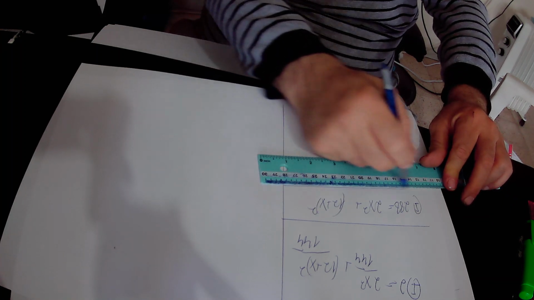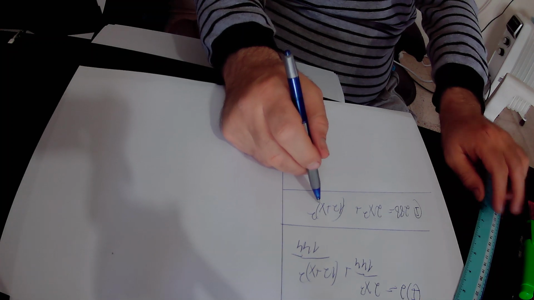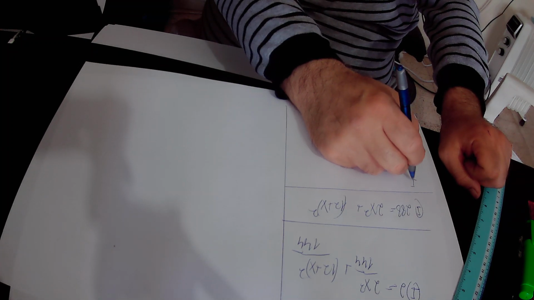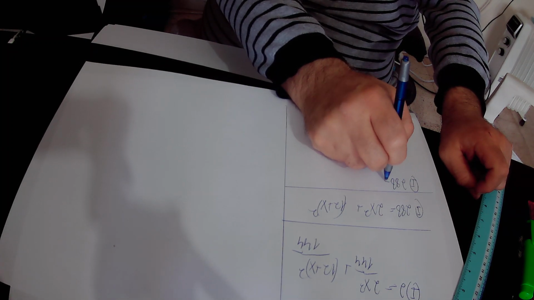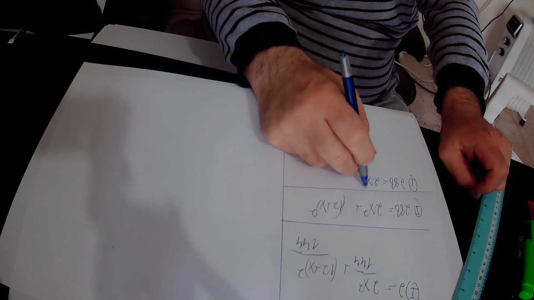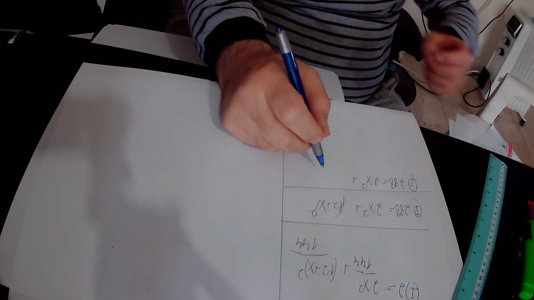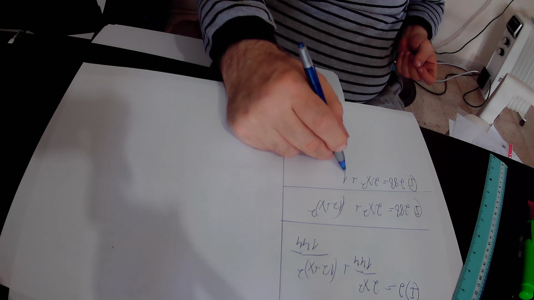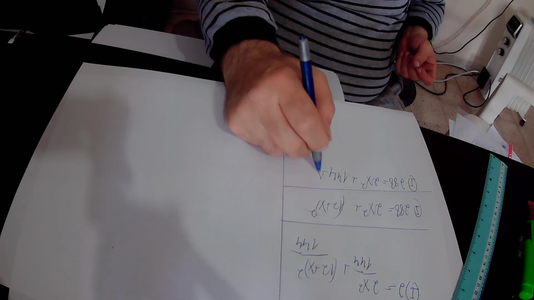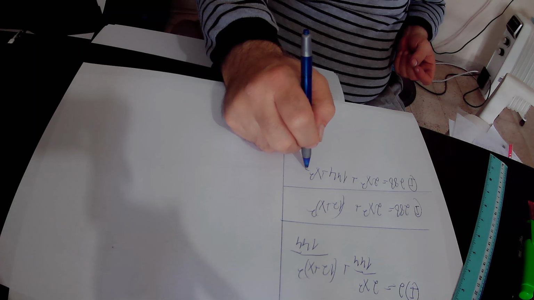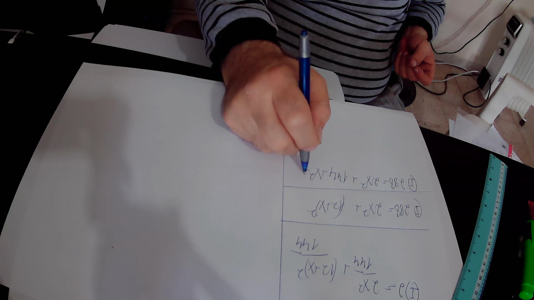So here we open the brackets on this side of the equation 1, and we get that 288 equals 2X squared plus 12 plus X squared, which equals 12 squared, that is 144, plus X squared plus 2 times 12X is 24X.